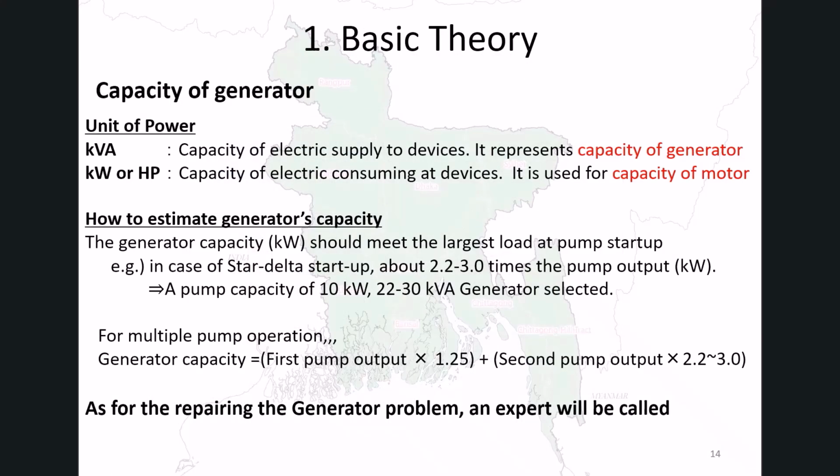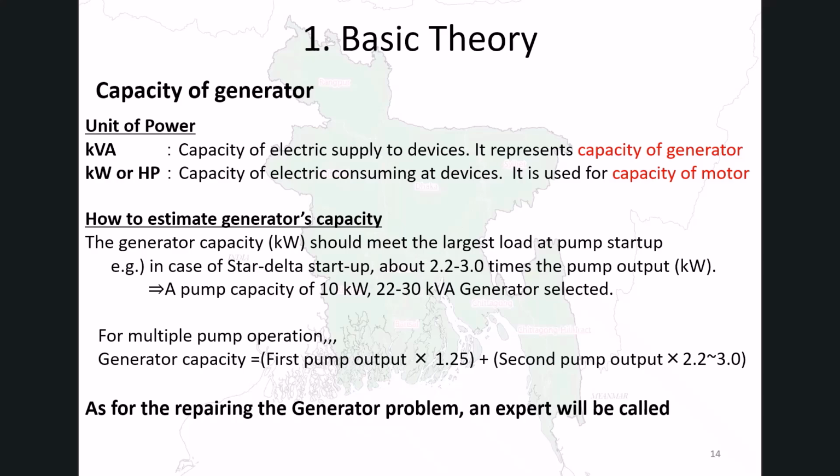The capacity of a generator is expressed in kilovolt-amperes. This indicates its power supply capability and is calculated as the product of voltage and current. On the other hand, the capacity of electrical equipment is usually expressed in kilowatts or horsepower.